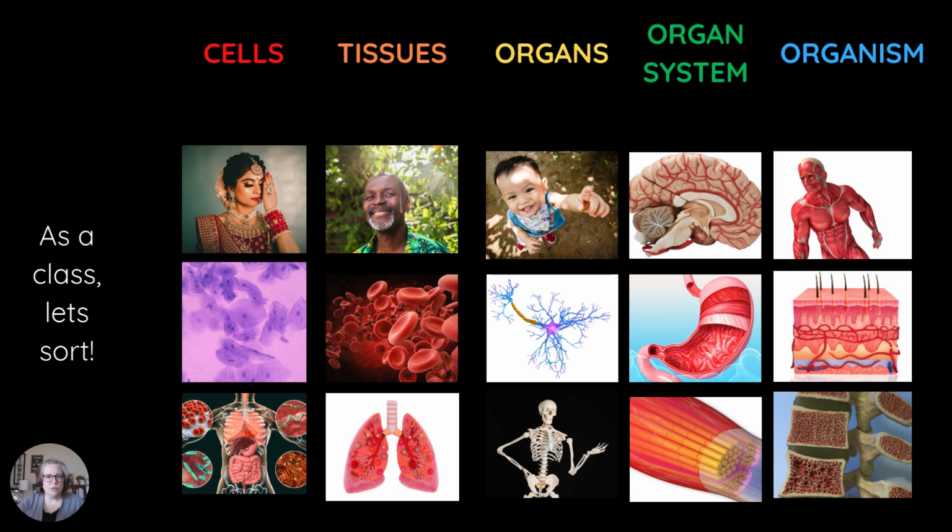If you have tissues that come together that do the same job, that would be considered an organ. And there are some organs you can see down here. The lungs, the stomach, those are all organs, okay? If you have several different organs that come together to do the same job, then we have the organ system.